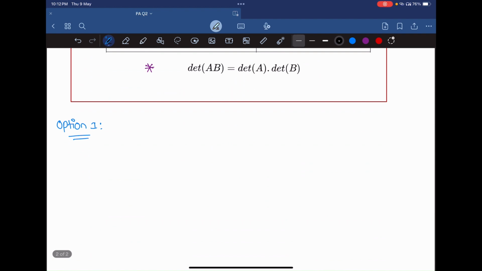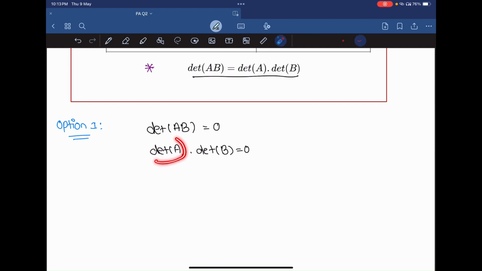So we are given that determinant of AB is equal to 0. Then with this property, I can write it as determinant of A times determinant of B is equal to 0.